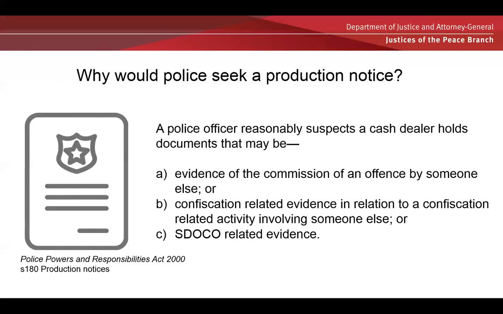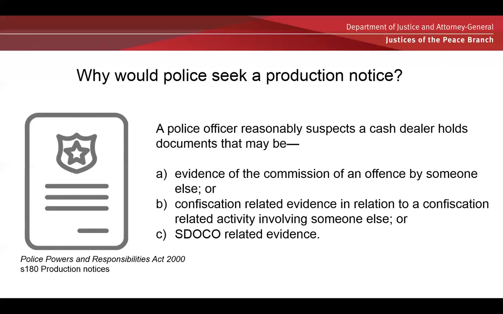But if a police officer suspects that an offence has taken place, instead of applying for a search warrant, they can apply to a justice or a magistrate for the issue of a production notice, which, as I said, requires a cash dealer to produce those documents stated in the document itself.